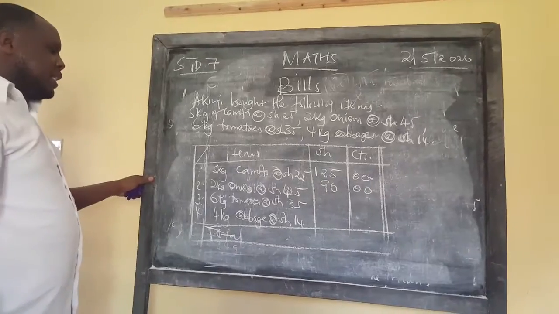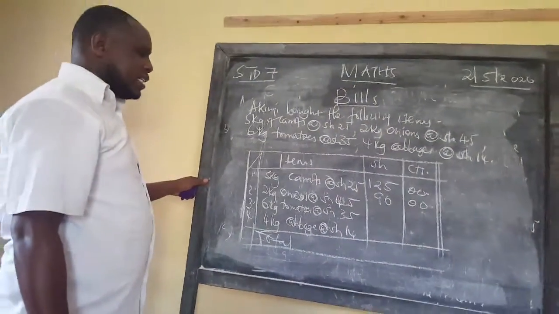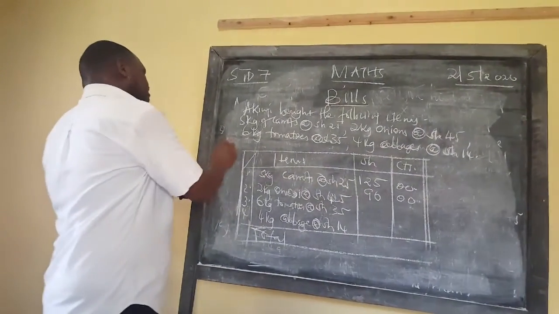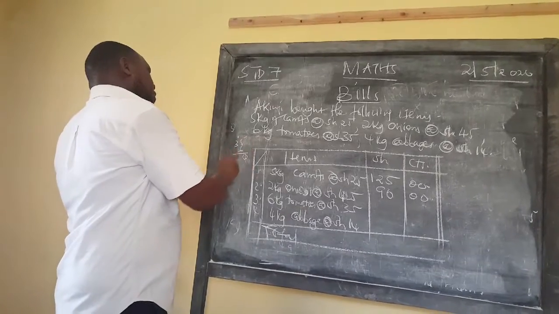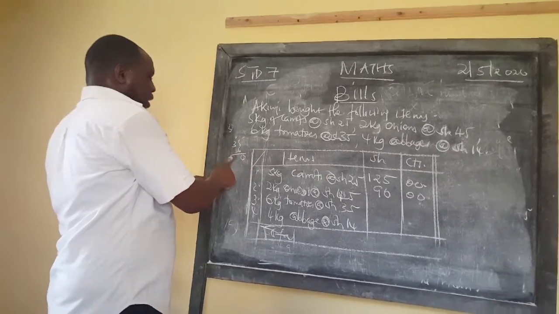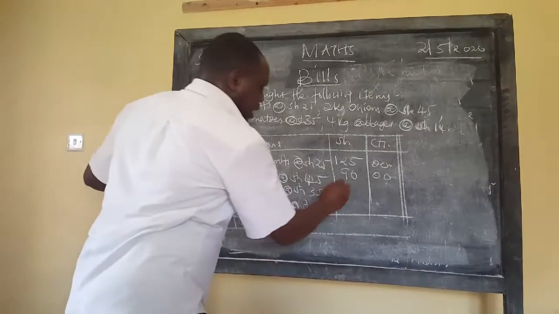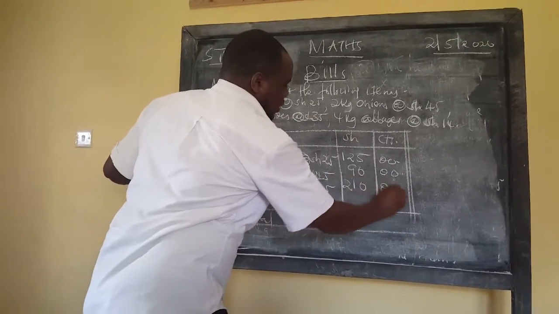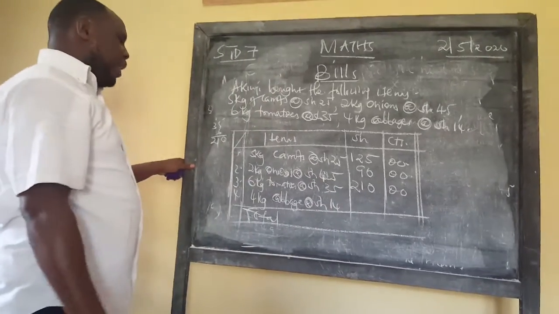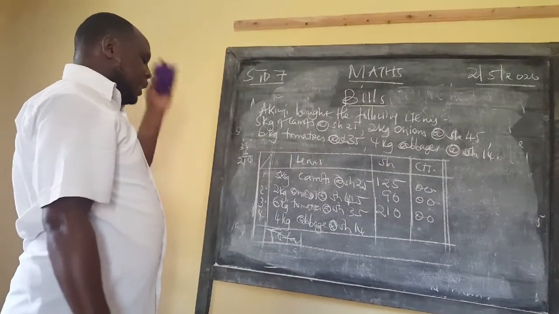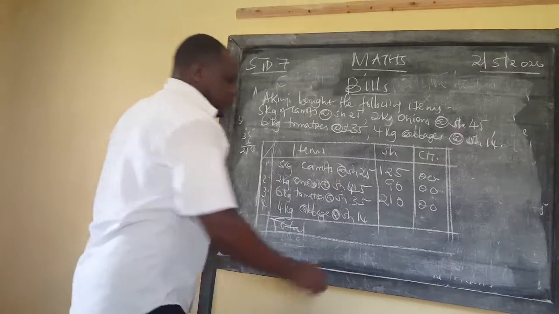Then 6 kg tomatoes at 35. 35 times 6, that is 210 shillings, 0 cents. And then 4 kg cabbage at 14, that will give you 56 shillings.